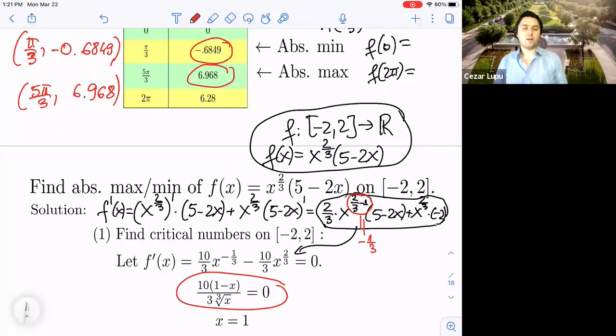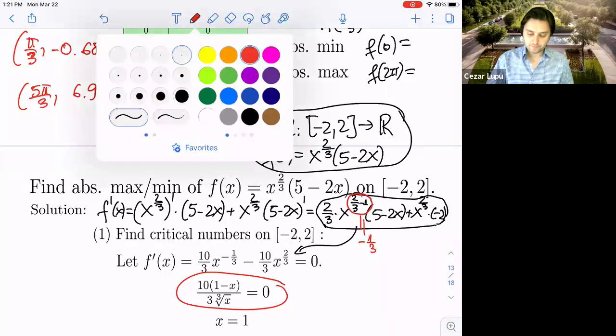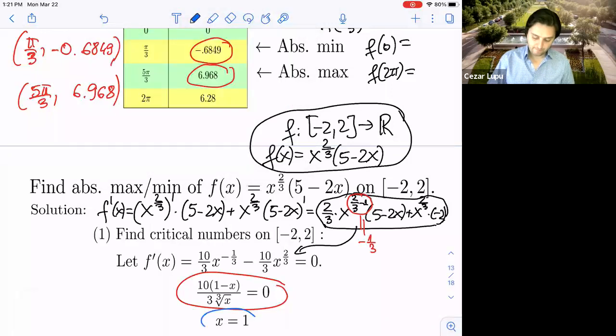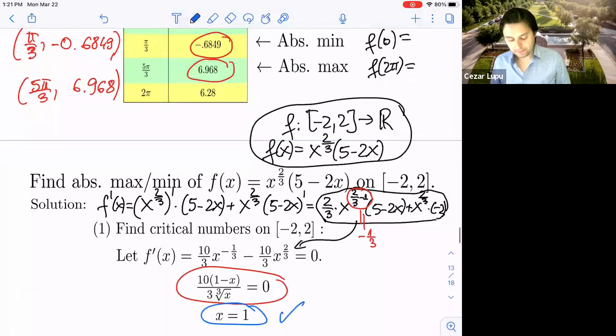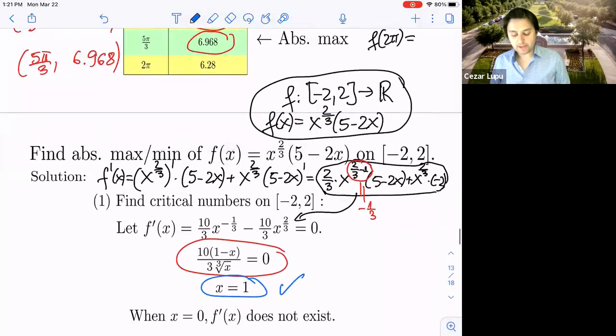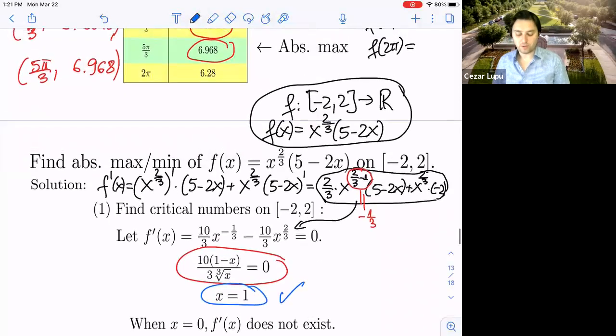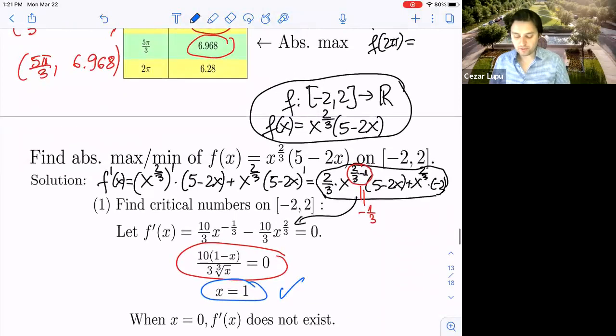So the critical numbers on this interval, as we see through the equation f prime of x equals 0, is x equals 1. Great. Now, what happens when x equals 0?